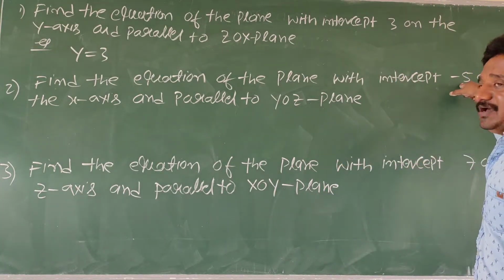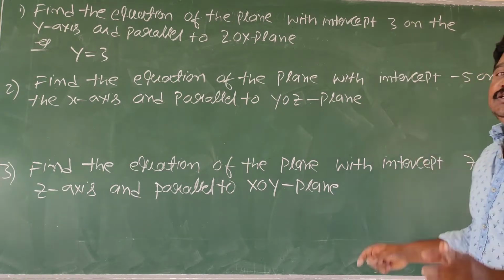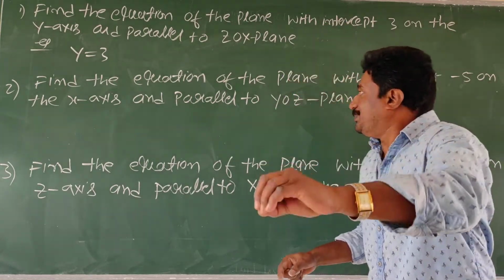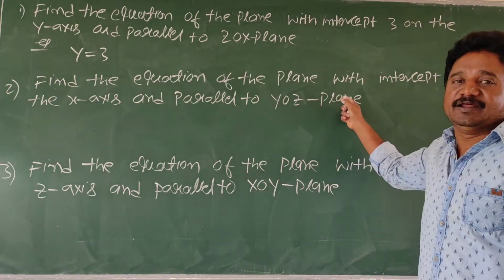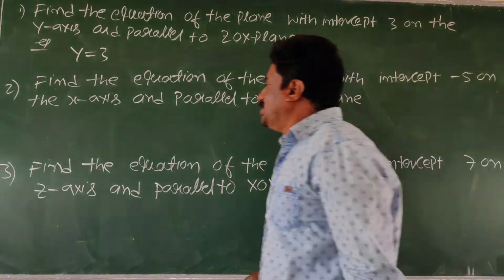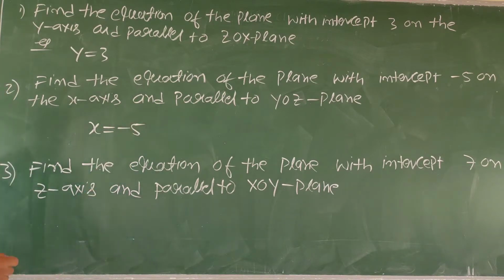How much is the x value? -5. That is x is equal to -5. X is equal to -5 represents a plane which is parallel to the YZ plane. YOZ is the same as the YZ plane. One more question, students, so easy. That is x is equal to -5.